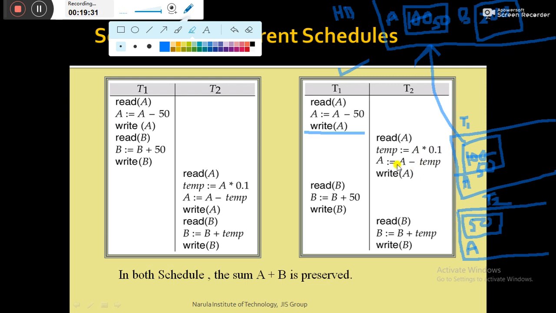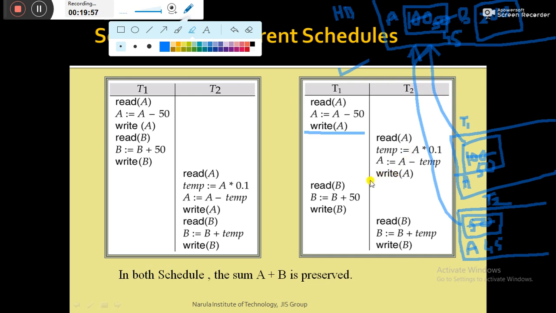So temp is 5. A is equal to A minus 5, so it becomes 45. Then write A means the value of A is written back to A, so it becomes 45. No issue with that.